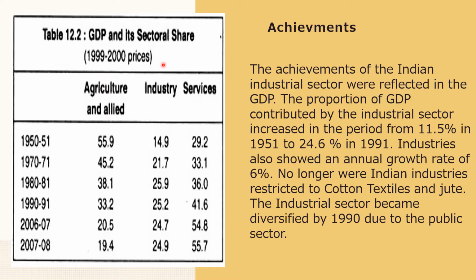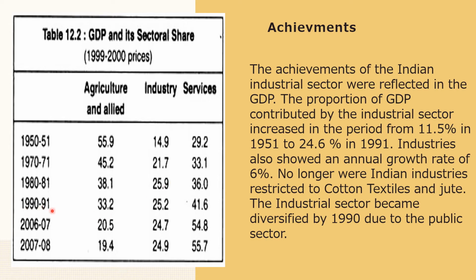So here we can see in the table the share of agriculture in 1950 to 51 was 55.9% of the GDP. The share of the industrial sector was 14.9% and the share of the services sector was 29.2%.